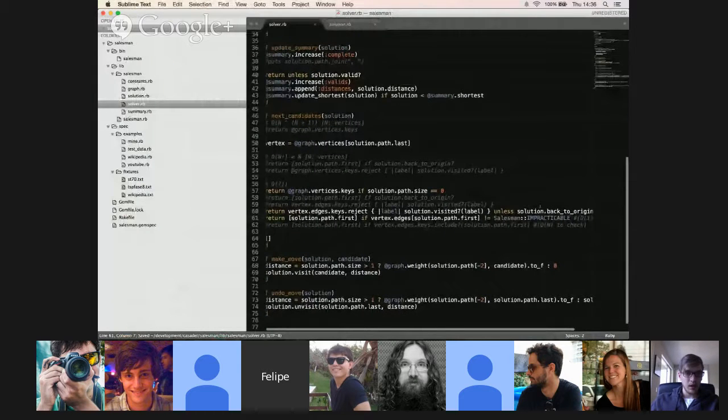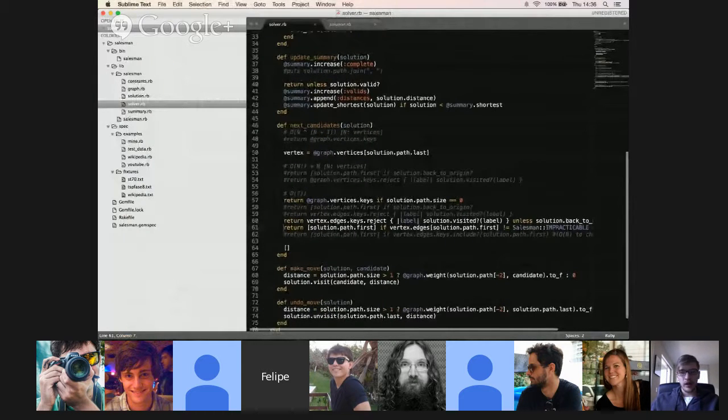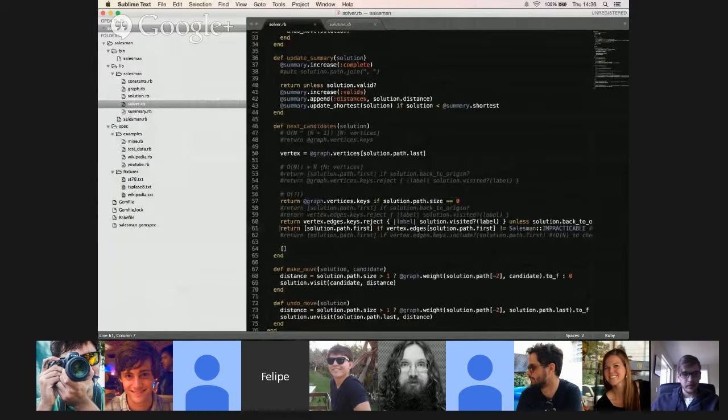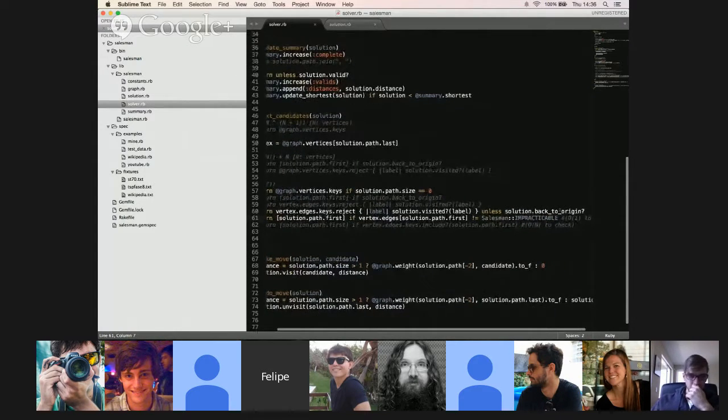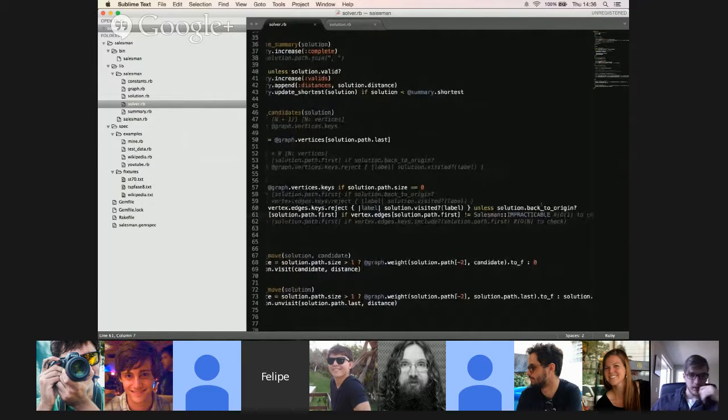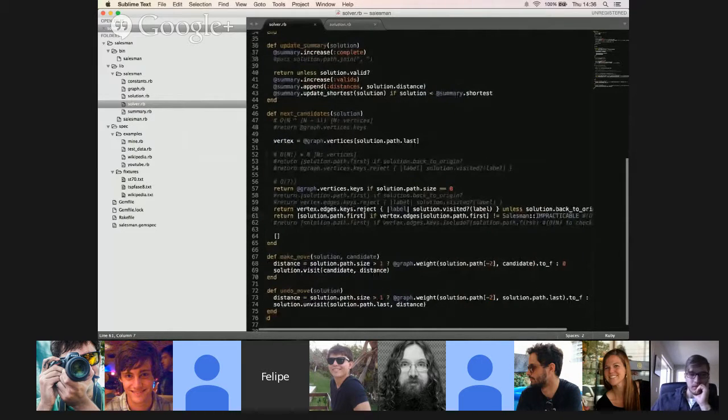Getting back here, you want to consider as candidates the roads that are connected to the current path and not yet visited. It is still not visited unless this is the last step, because in the last step we need to get back to the first step.